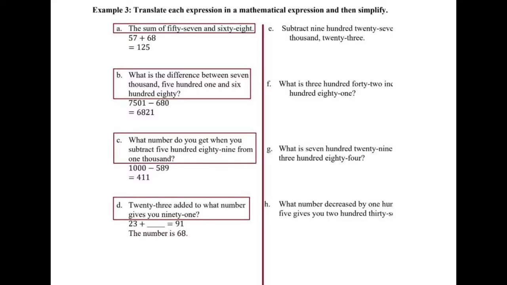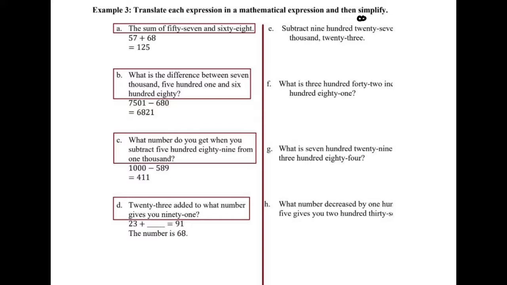Okay, let's do theirs in the boxes first. So, the sum, that means add, of 57 and 68. So there you go, 57 add 68. And it says translate them into an expression and then simplify. In other words, compute it. Okay? There are so many different words for compute, simplify, evaluate.